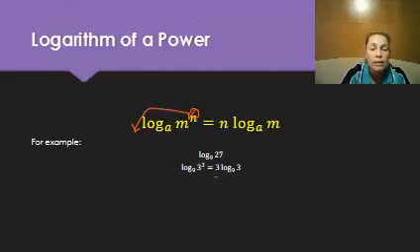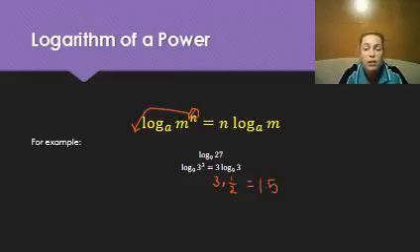Now we know that 9 to the power of a half is 3 because the square root of 9 is 3, and 3 times a half is equal to 1.5. So in 3 different methods, we have just proven that the log of 27 to the base 9 is 1.5.